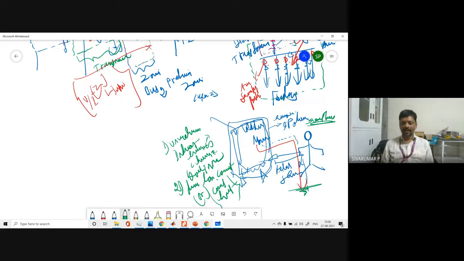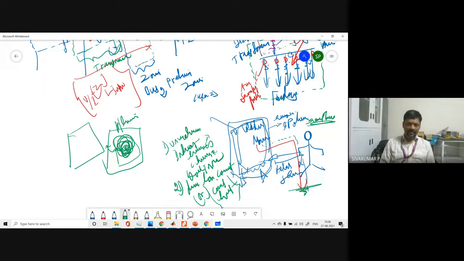If you use an induction stove, this is a coil which, if the coil is cut, can touch the body. This is induction heating, and also electrical filament-based heaters.